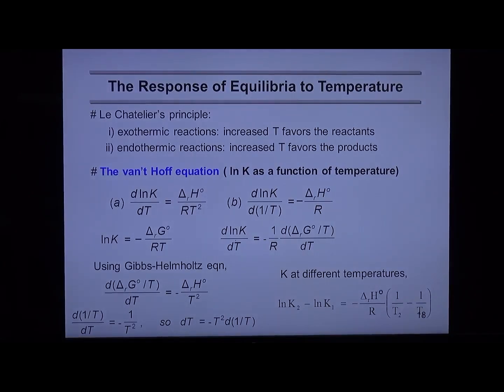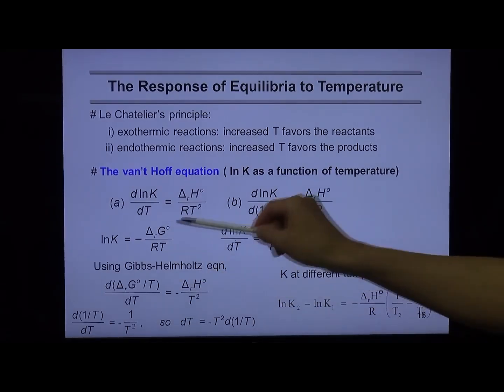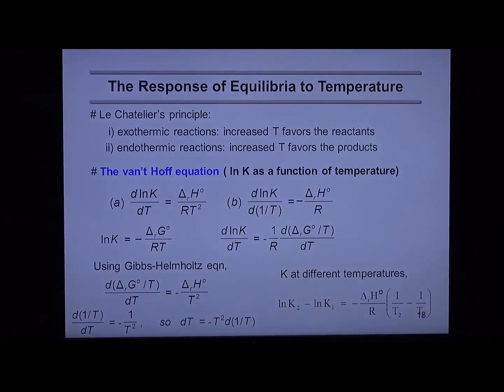Remember the Gibbs-Helmholtz equation? So you can simply have this expression. Very easy, right?